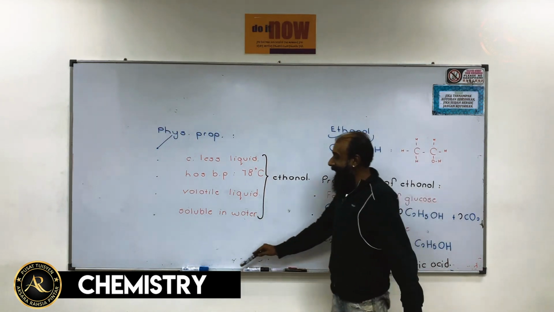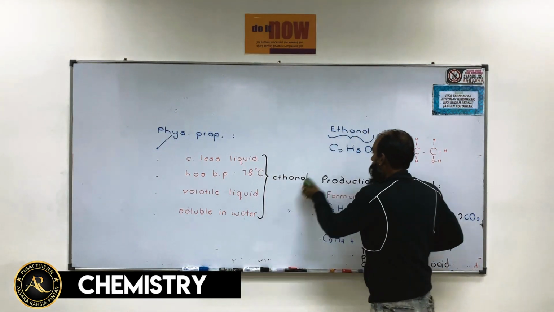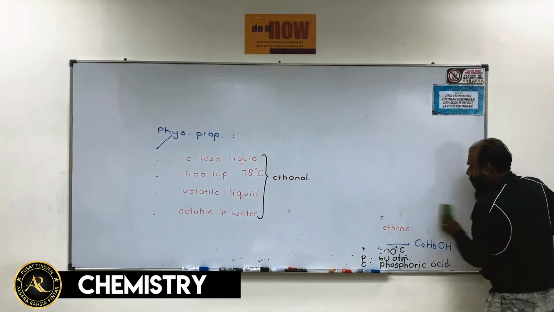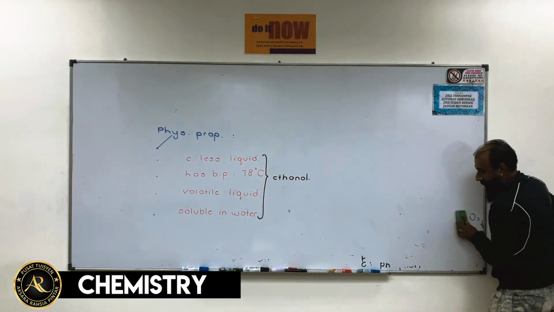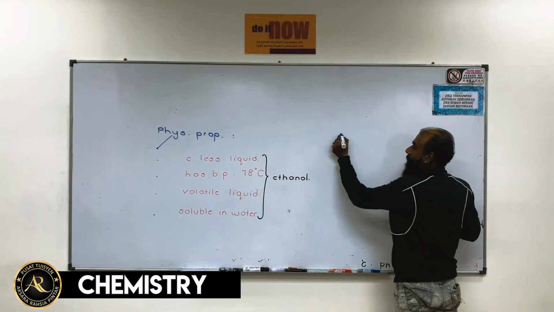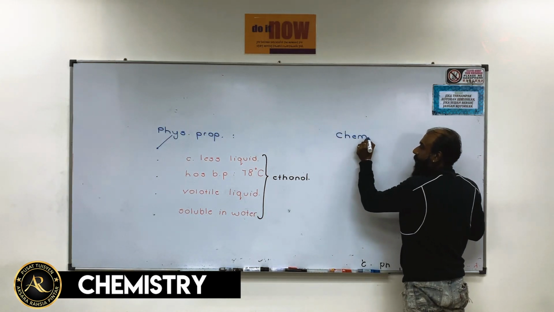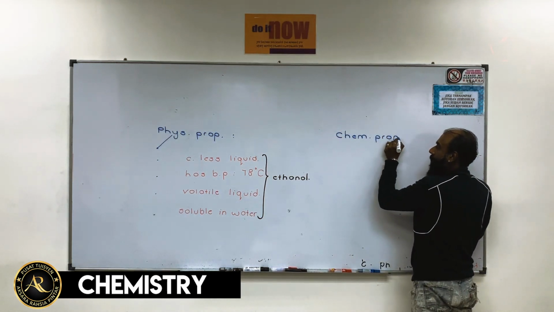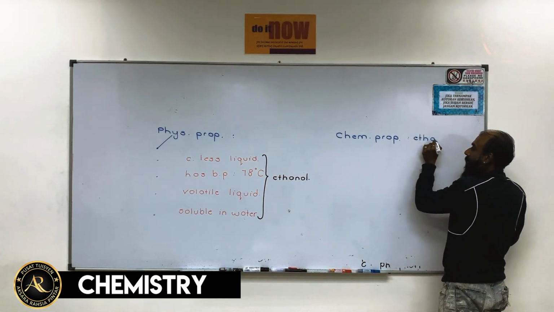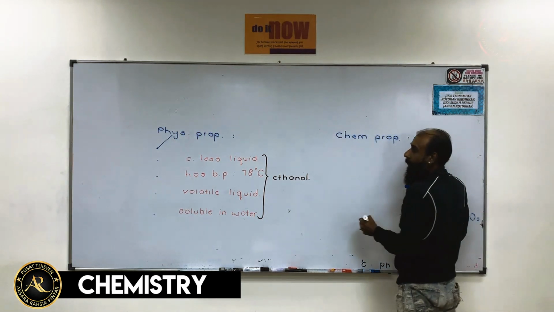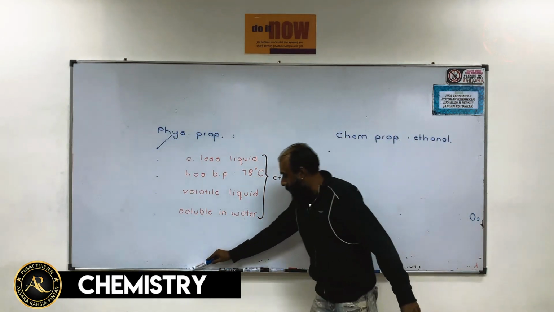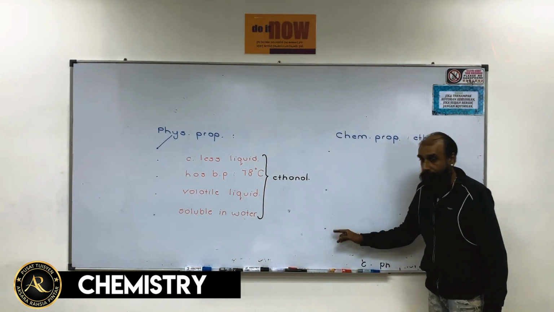Now we're going to look at the chemical properties of ethanol. How do we remember the chemical properties? Let me show you the easiest technique of remembering the chemical properties of ethanol. How many chemical properties? 3.